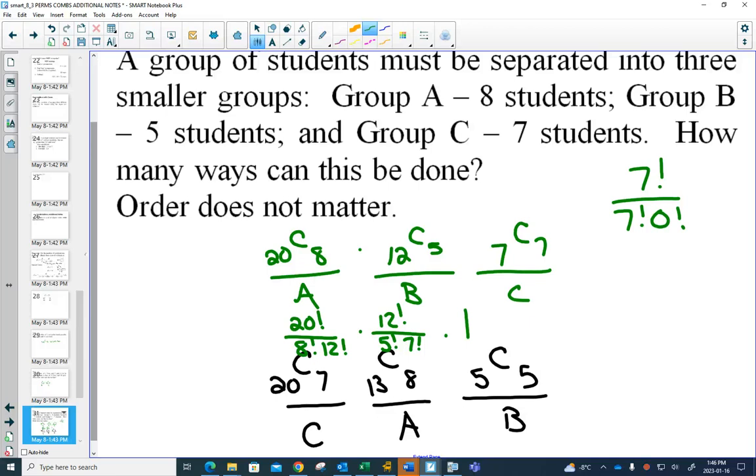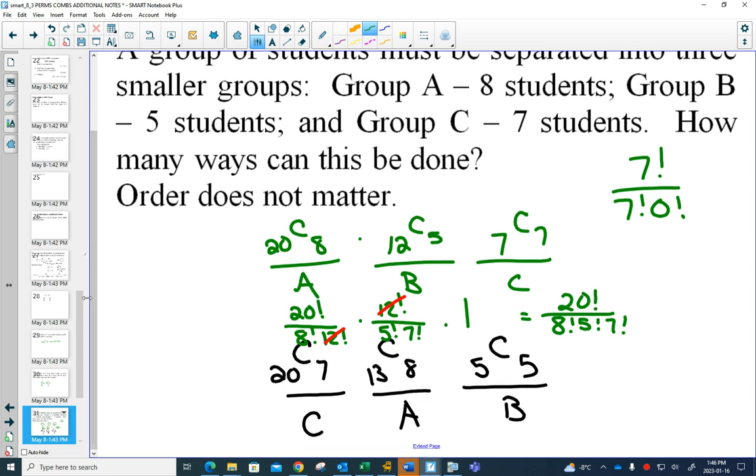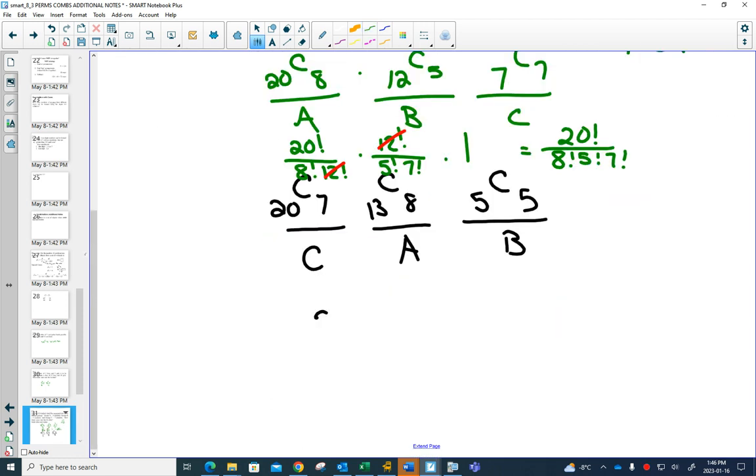And what ends up happening is when I simplify here, notice that the 12 factorials would cancel out, and I would be left with 20 factorial on the top over 8 factorial, 5 factorial, 7 factorial on the bottom. In the black one, if I do the same thing, I'd have 20 factorial over 7 factorial, 13 factorial.